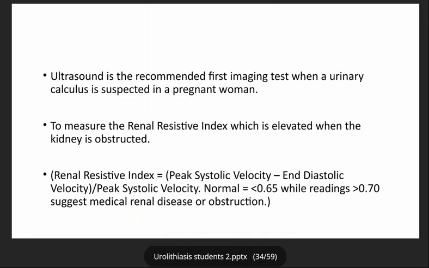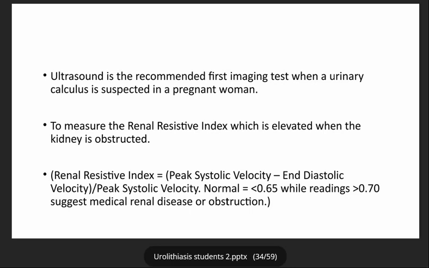So as I mentioned, usually we start with X-ray, ultrasound, or CT scan. Ultrasound is useful in pregnant women because you can't do X-ray or CT scan, but you can do ultrasound. There are certain maneuvers in ultrasound that can indicate if the pregnant woman has obstruction or not, because in pregnant women there is normally hydronephrosis.